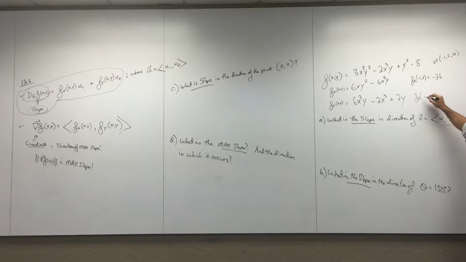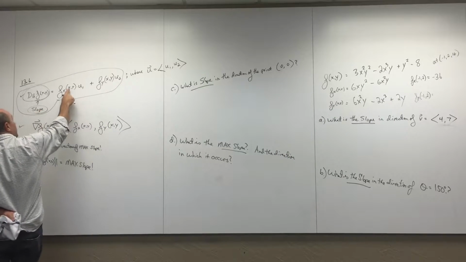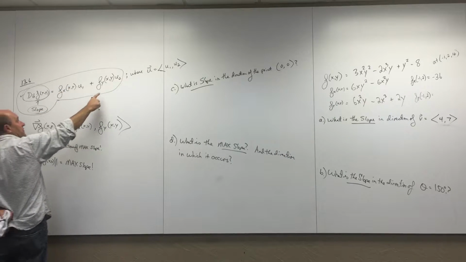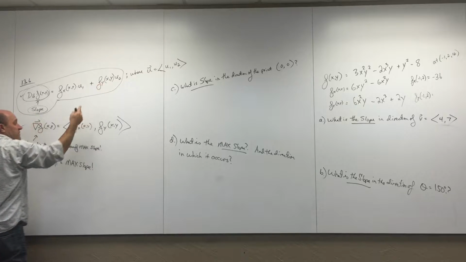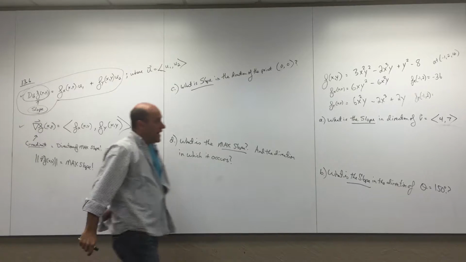And with respect to y, I'll plug in the negative 1 and the 2. By the way, as you can tell, you don't need that z. You don't plug in the z. You need the x and the y to plug in. That's what all these notes say over here. You're plugging an x and a y into the partial derivative. We're evaluating this stuff at the point x, y.